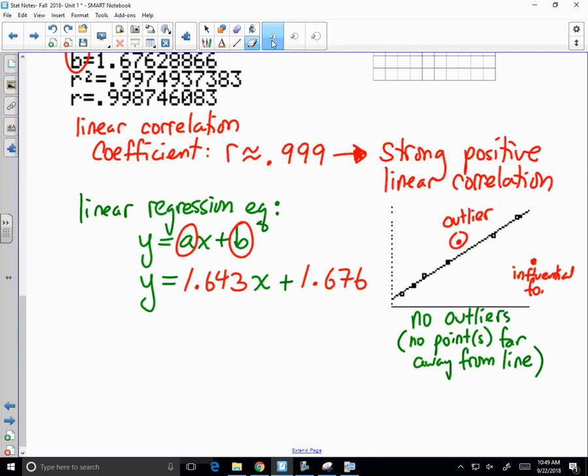All right, so if it's a vertical outlier, it's just an outlier. If it's a horizontal outlier, it's an influential. And again, these are not points that were in the original data set. I'm just doing it to justify it.